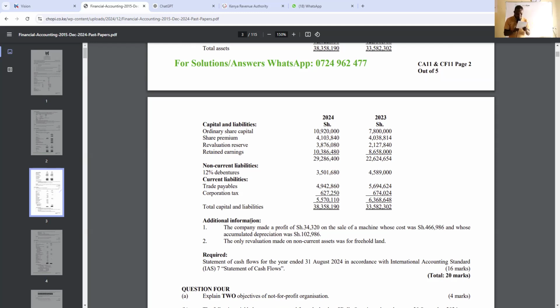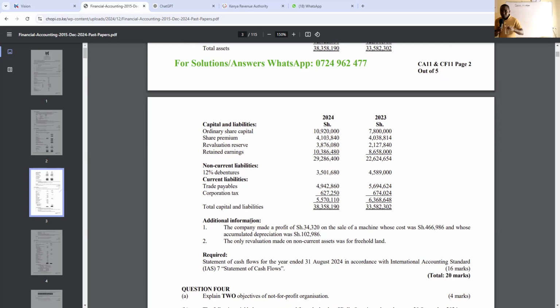And note number 2, the only revaluation made on non-current assets was for the freehold land. Required: the statement of cash flow for the year ended 31st August 2024 in accordance with International Accounting Standard IAS 7, that is the statement of cash flow.